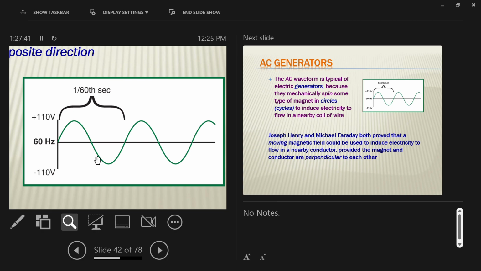We only get full pressure or push at the crests of the waves, okay? The rest of the time, the electrons are either accelerating or decelerating, okay? They're being sent that way and then sent back that way, okay?